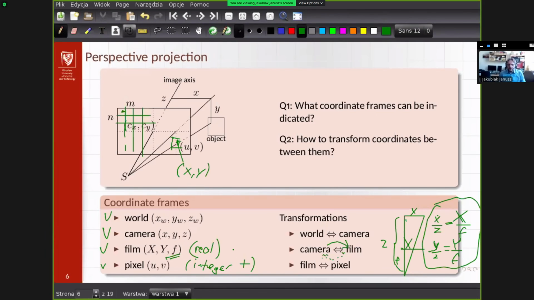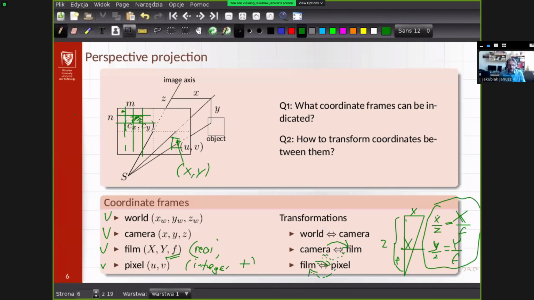What to do in the other direction? So again, film to pixel, that's the easy part. Pixel to film, there is a difficulty. It results from the fact that one pixel, like for example this pixel, corresponds in fact to quite a range of film coordinates.